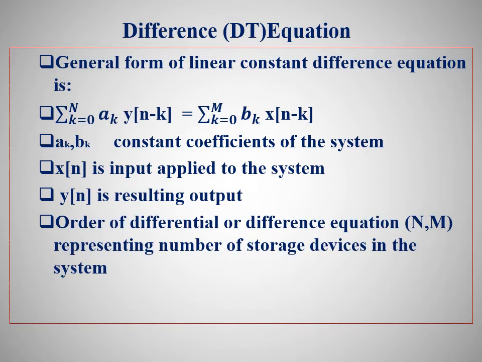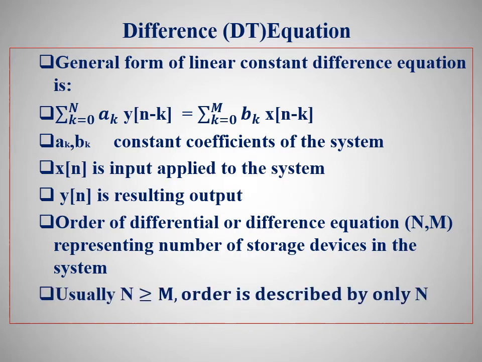The order of the difference equation or the differential equation generally represents the number of storage devices in the system, and usually the value of N is greater than M, thereby resulting in an order which is defined only by N. This is so because the number of components representing the input will generally be less than the number of components representing the output.